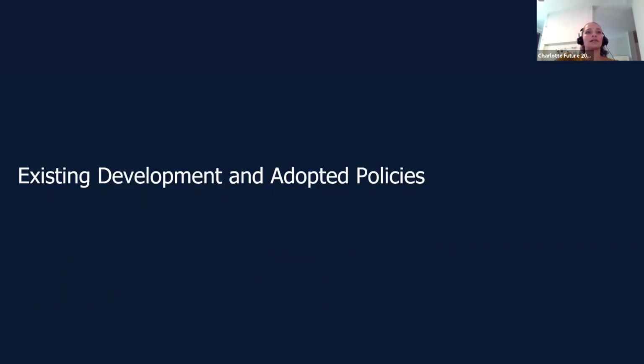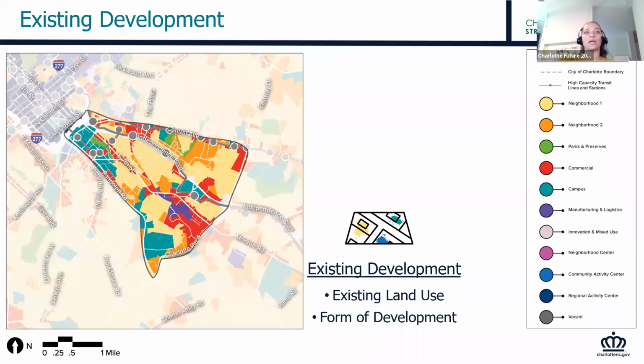So let's look first at the first 2 steps that we took in coming up with the maps: the existing development and then the adopted policies. This map reflects the existing development translated into the new place types tool. This was translated using the existing land use and your forms of development. So this is everything on the ground today. You can see that there's a good portion of the yellow, which is your Neighborhood 1.